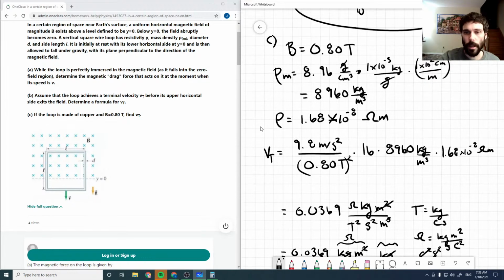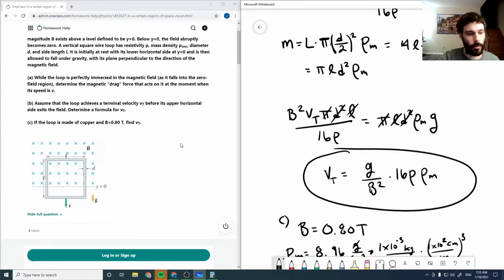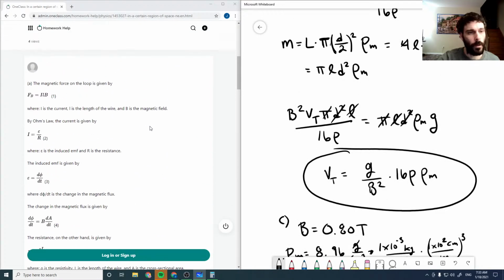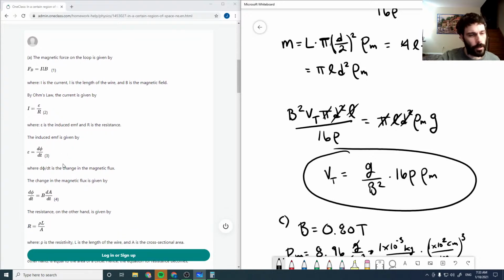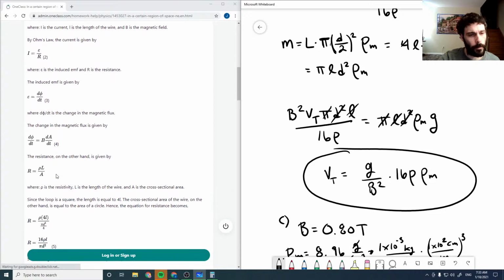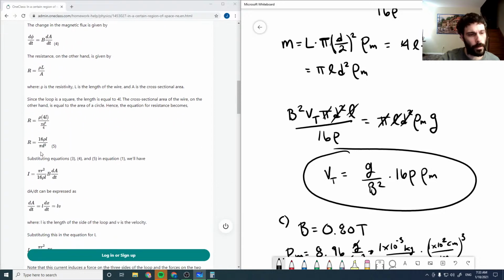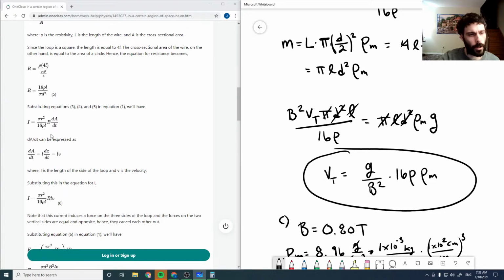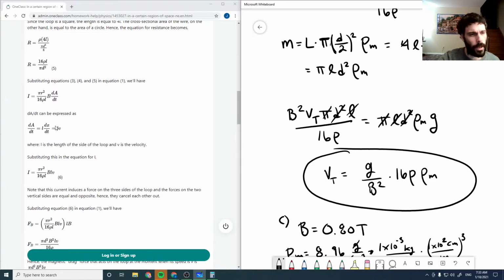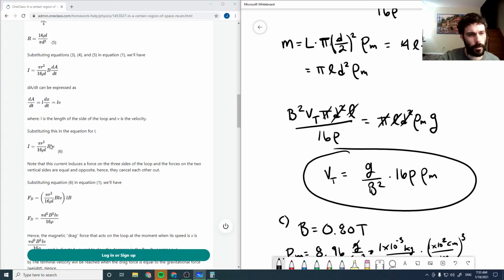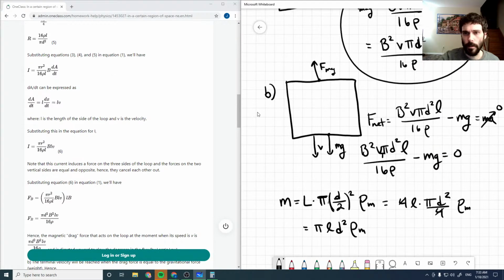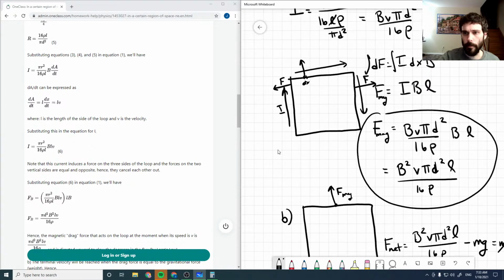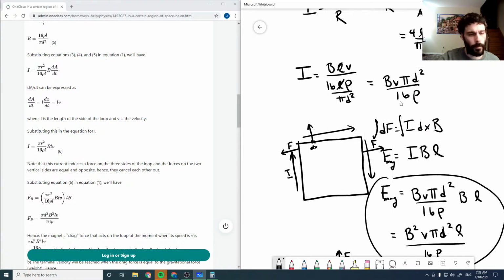But let's check our solution with what's given here. There's our induced EMF, there's our resistivity, there's our current. Our dA dt is just LV. And so the current is going to be BV pi d squared over 16 rho.